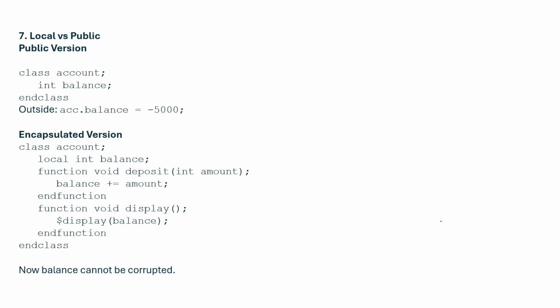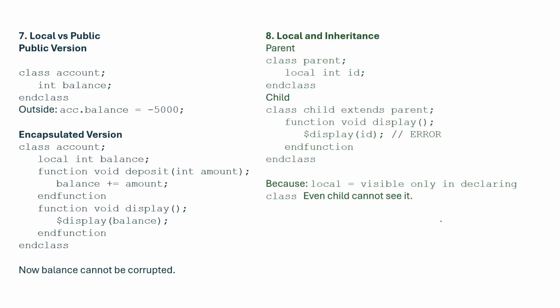Local versus public. Public means you can access anywhere. Local means within the class only. Local inheritance, same thing. In the child class we cannot access this id either. In the child class, if you want to override the method, you can use the method and write another method.